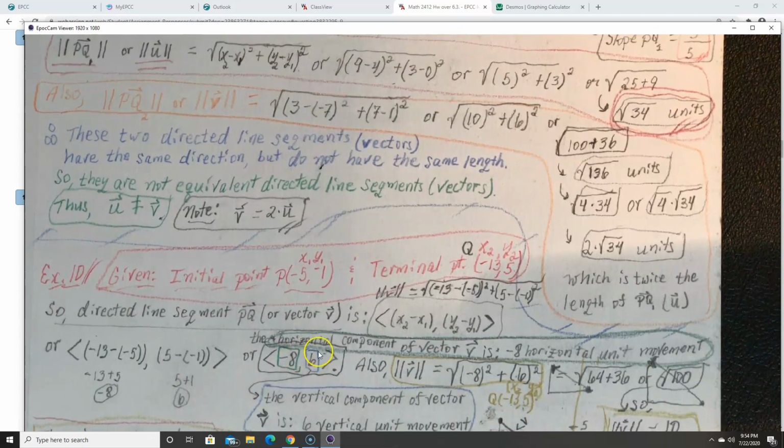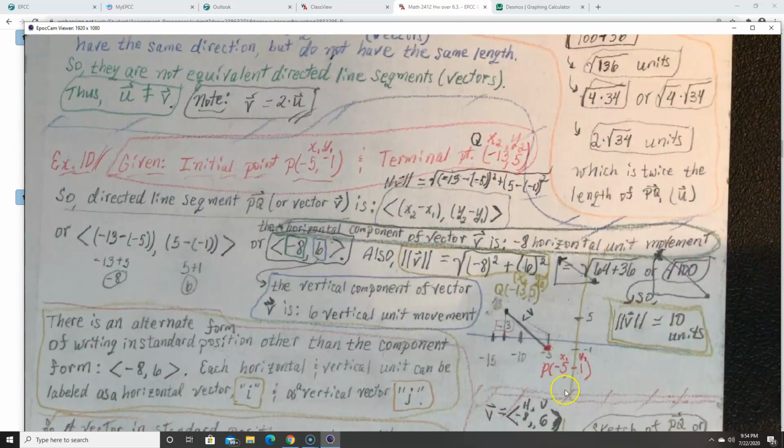And I would like you to think of it as when we then move the initial point to the origin. This is a way to describe this directed line segment. Another way of saying it is, this is the component form of the vector, or the directed line segment PQ, where P is where you start, the initial point.